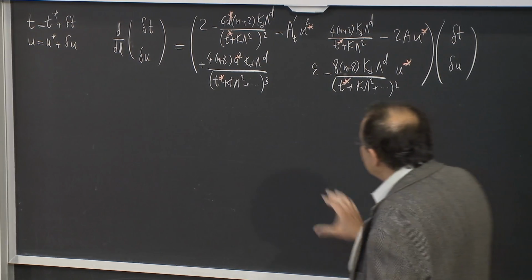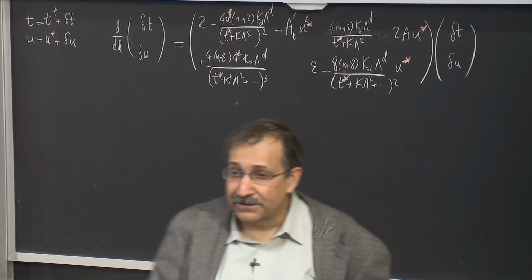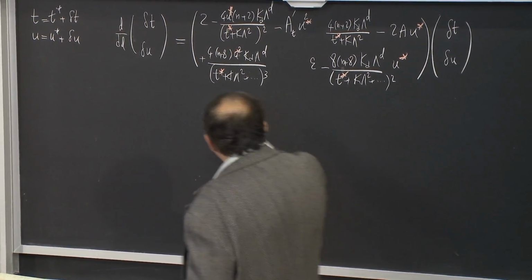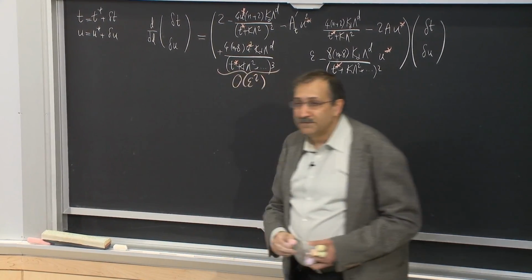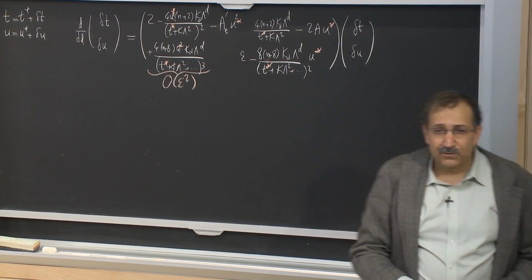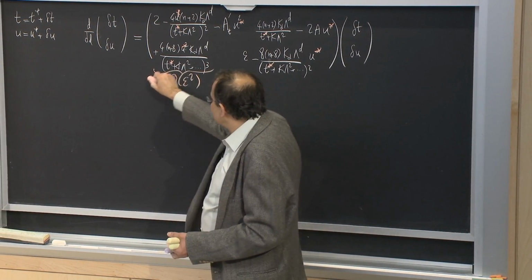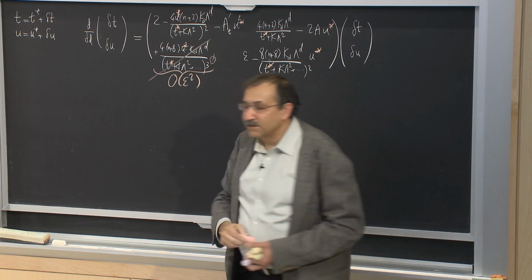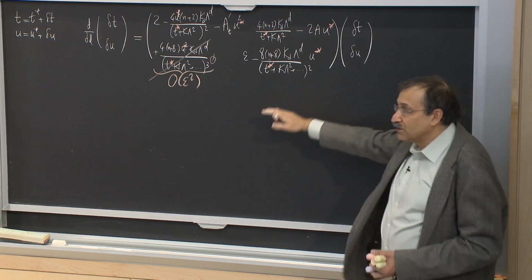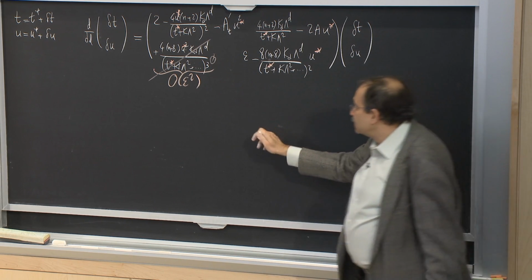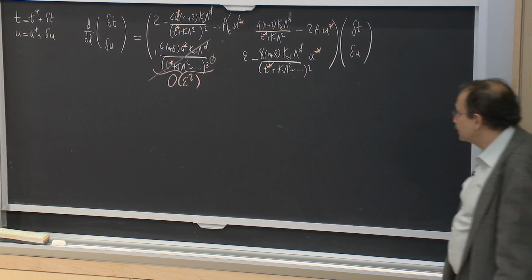Now note that this element of the matrix is proportional to u star squared. So this is certainly evaluated at the fixed point order of epsilon squared. Order of epsilon squared to me is 0. I don't see order of epsilon squared. So I can get rid of this, think of a 0 here at this order, which means that the matrix now has zeros on one side of the diagonal, which means that what is appearing here are exactly the eigenvalues.